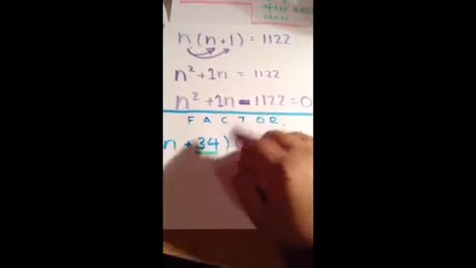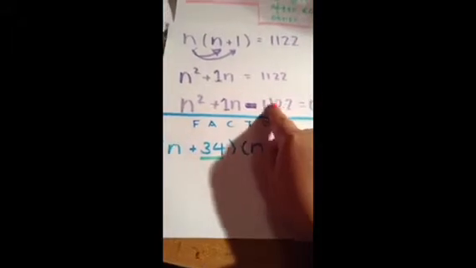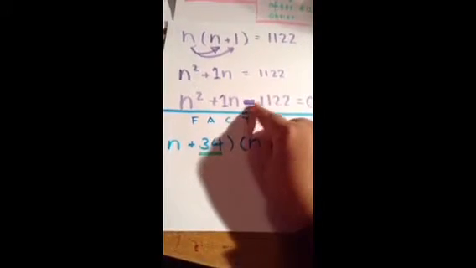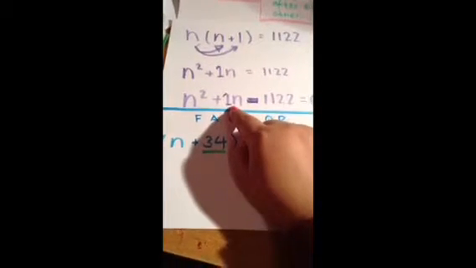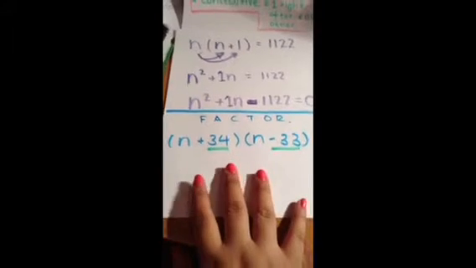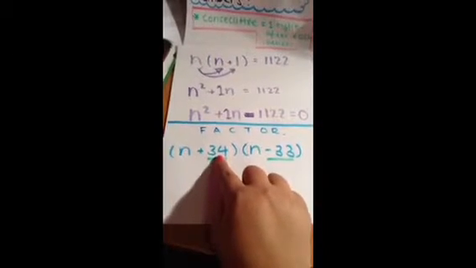So when we're factoring it, we need to find two numbers that will multiply to negative 1122 and that will add to 1. The only numbers that will actually work out here are 34 and negative 33.